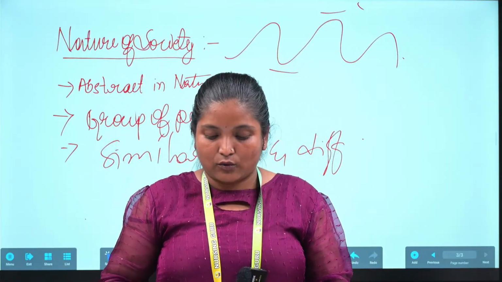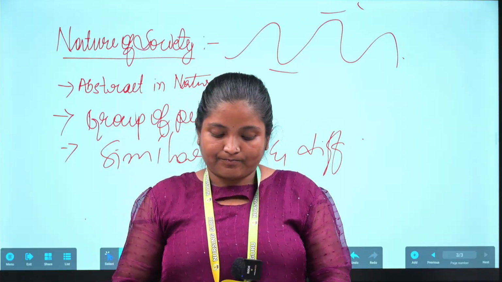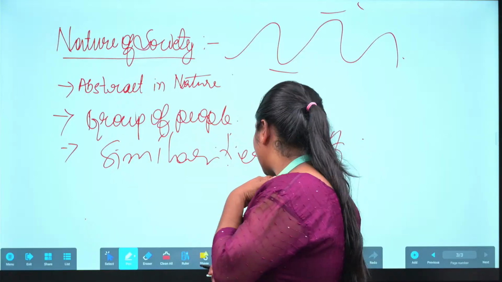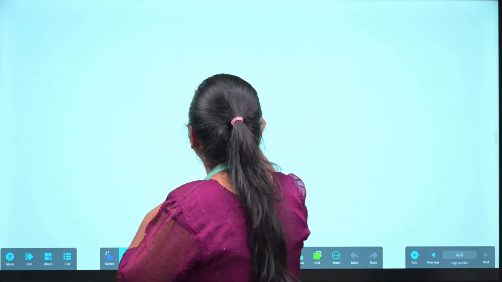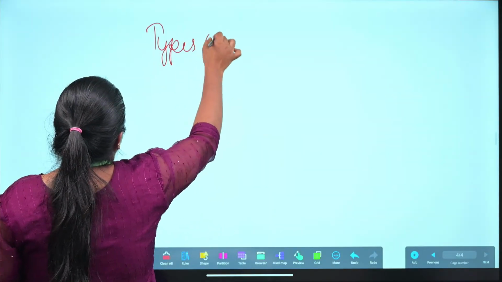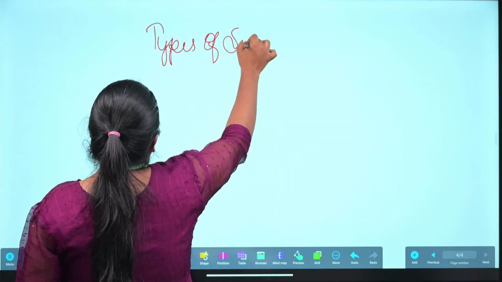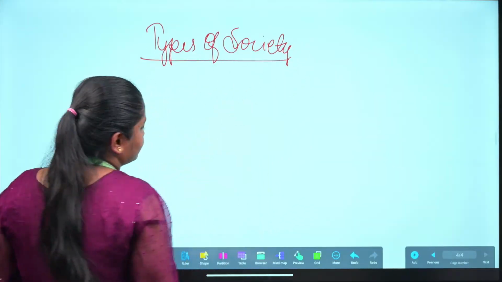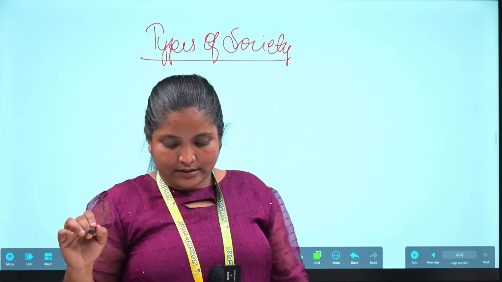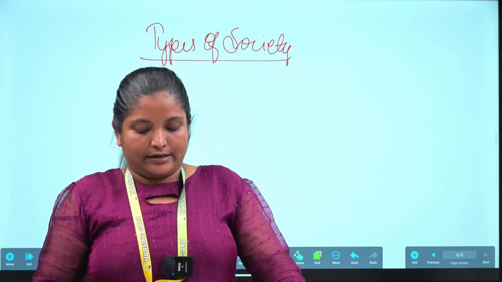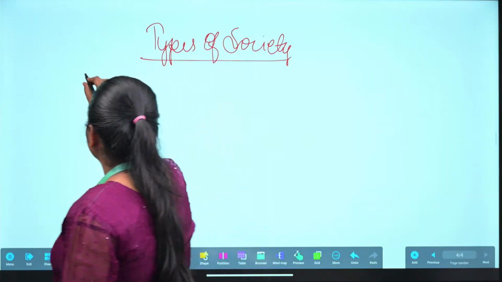Now we can move towards the types of society. So the types of society. The first one is foraging society. Okay, foraging society.